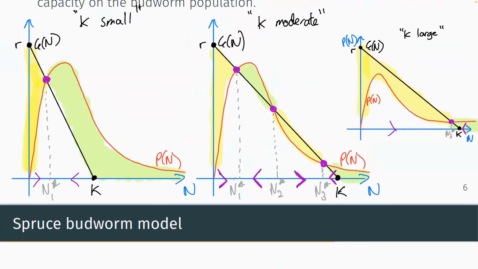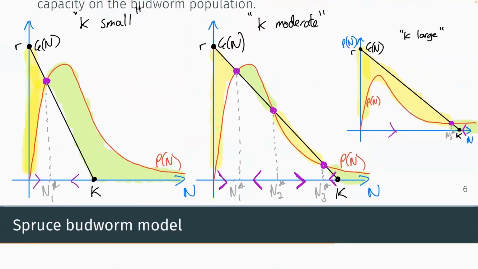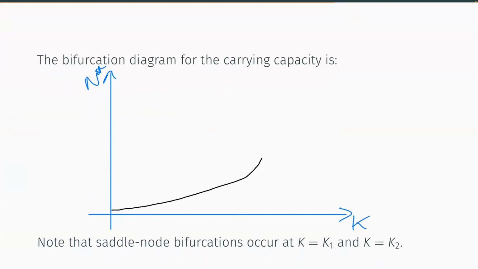Let's think about the other side. We have an N3 star here, which exists for all very, very large K. But if we start decreasing K, there'll come a point where N3 star disappears as well. So going from the other direction, this is my N3 star branch.